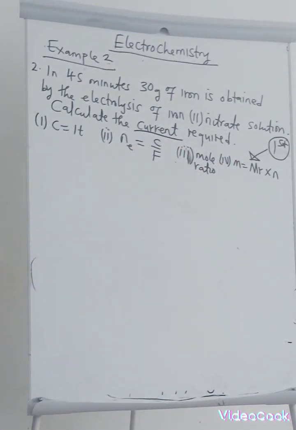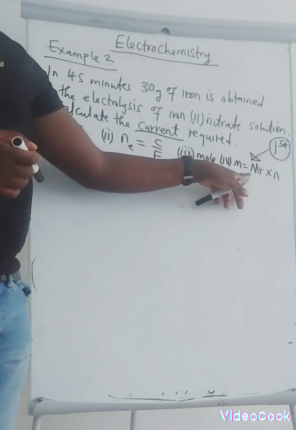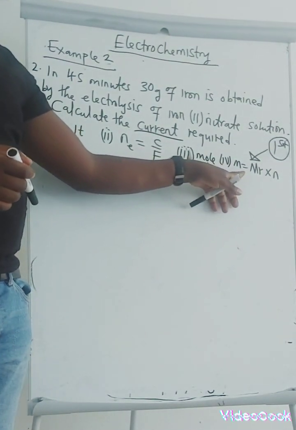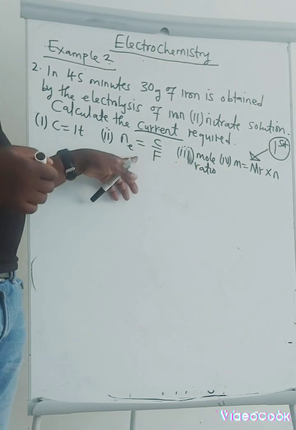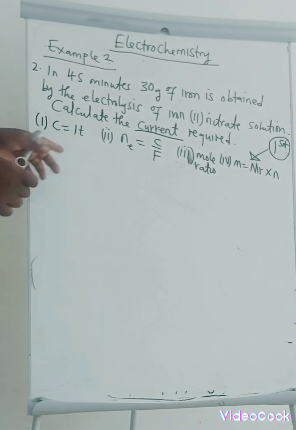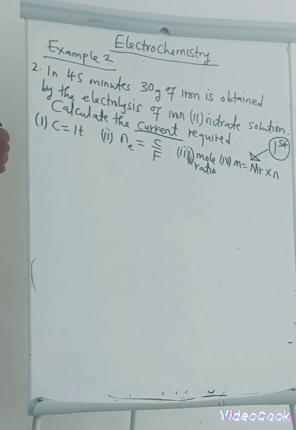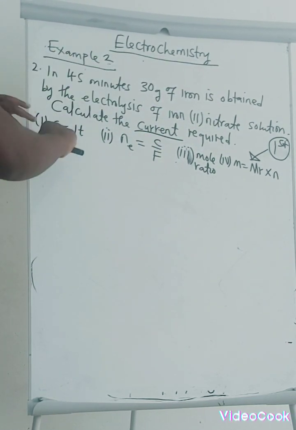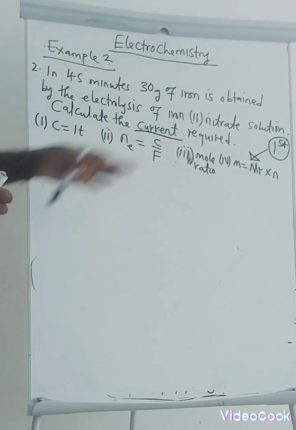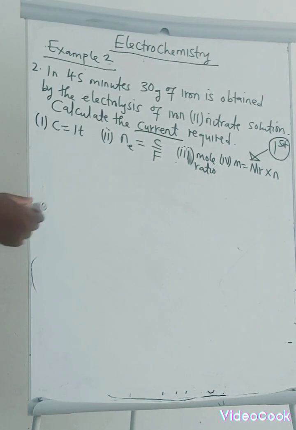Then you follow mass of iron, then molecular mass, mole ratio, then change to charge. If you are calculating the mass, you start from here, but since we're calculating the current, we start from the far end.